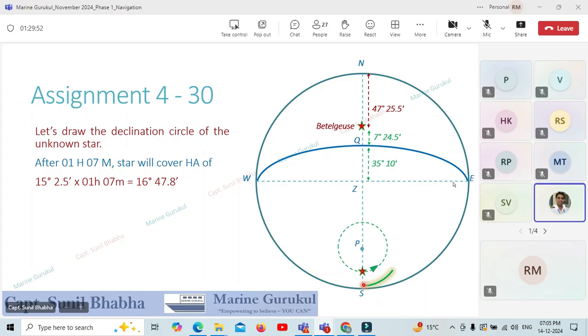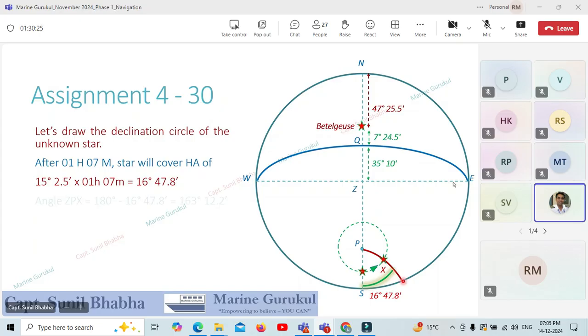From this position, the star is going to move in this direction by an amount of 16 degrees 47.8 minutes. So this is where the star is going to be. Now let me draw the celestial meridian of the star. We name the star as X, and P2X represents the celestial meridian of this particular star.